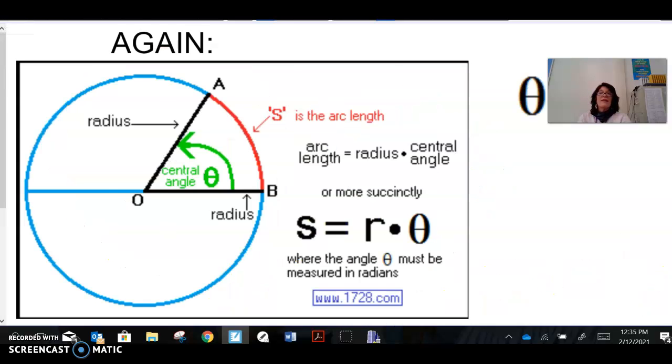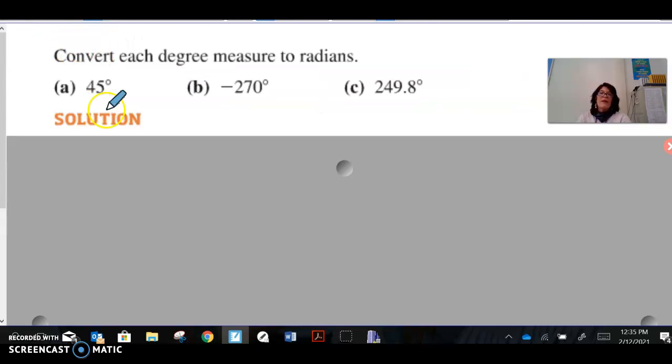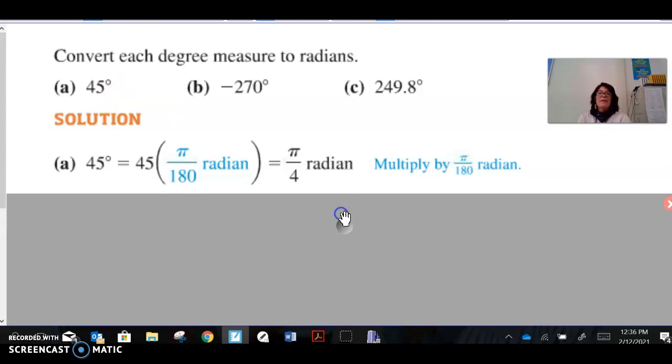We did it the old way, we'll do it this new way. I mean, 45 times pi over 180. Let's see, 45 goes into 180 actually 4 times. That ends up being pi over 4. I knew that. It's pi over 4 radian. 45 degrees, pi over 4 radian.